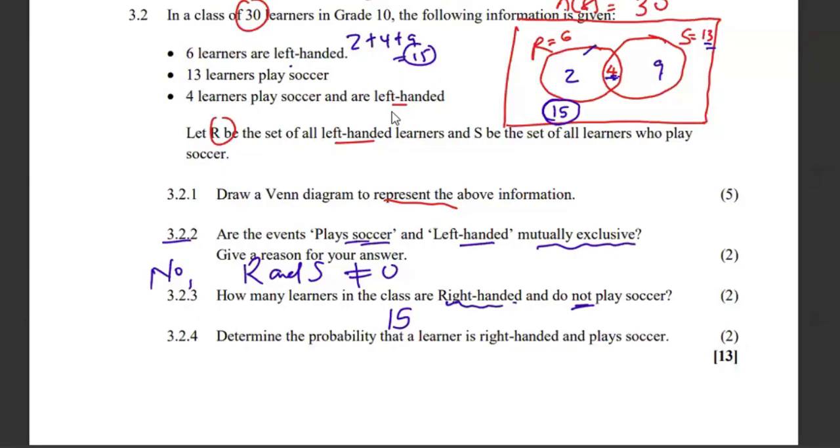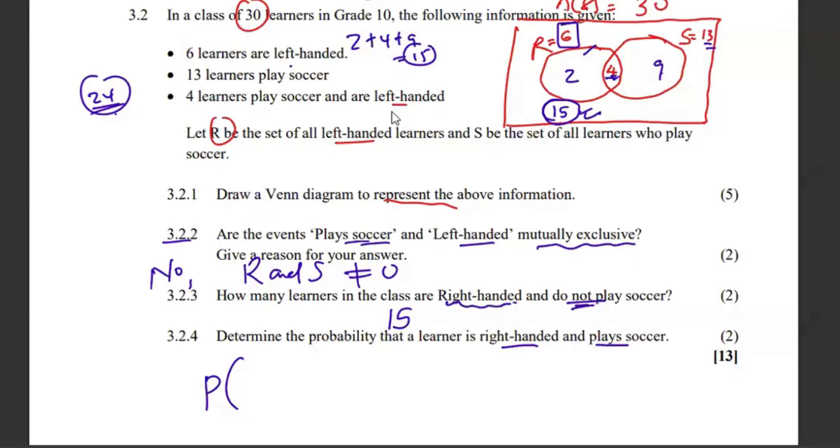Determine the probability that a person is right-handed and plays soccer. Okay, so right-handed and plays soccer. So the 15 are right-handed, but the question is, okay, right-handed and do not play soccer, 15, that's perfect. Then how many are right-handed? If the left-handed are 6, meaning that 24 are going to be right-handed, okay?